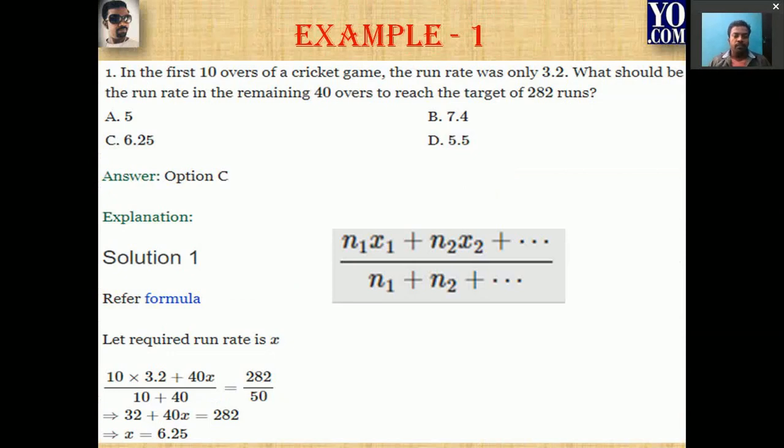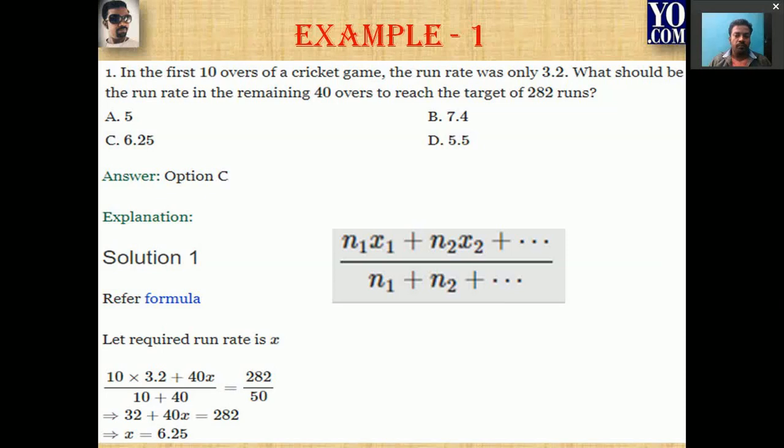In the first 10 overs of a cricket game, the run rate was 3.2. What should be the run rate in the remaining 40 overs to reach the target of 282 runs? First 10 overs, the run rate was 3.2.